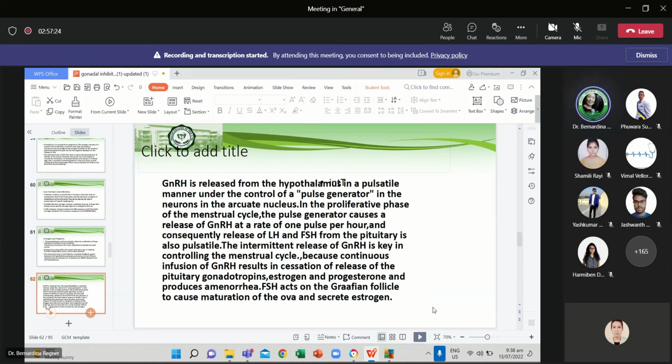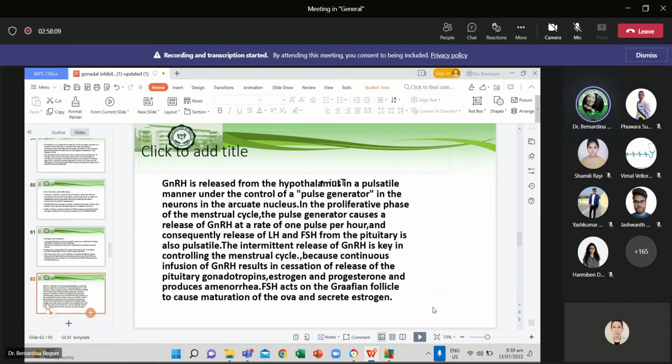The intermittent release of GnRH is a key in controlling the menstrual cycle because continuous infusion of GnRH will result in cessation of release of your pituitary gonadotropins. That means cessation of the release of your follicle stimulating hormone and luteinizing hormone and estrogen and progesterone. So what happens here? The patient will have amenorrhea. So that's why there is anovulation. Did you understand that? Is it very complex?